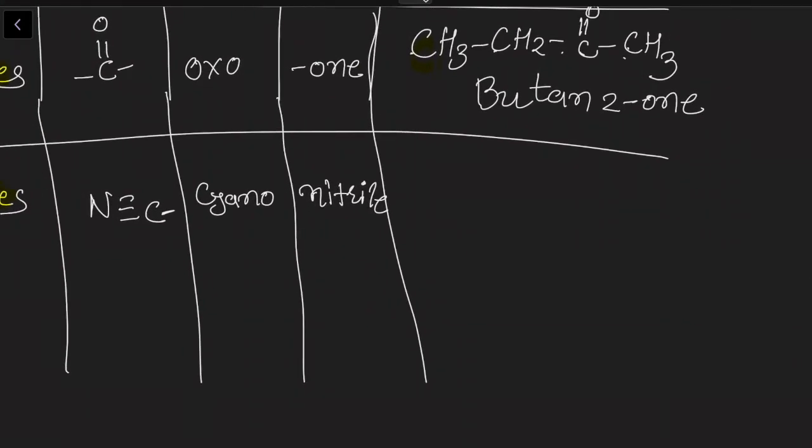Now, let's see, how do we want to name CH3, CH2, CH2, CH2, CN. All right, so it has 1, 2, 3, 4, 5.